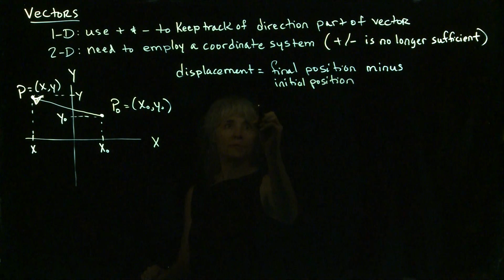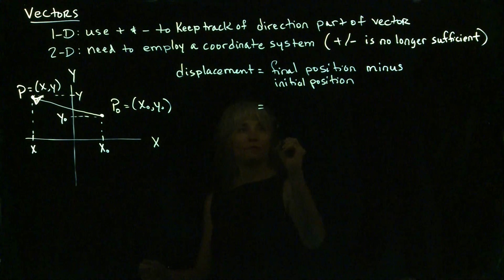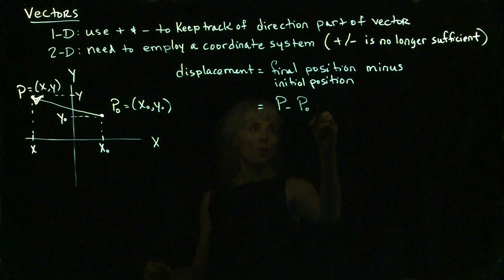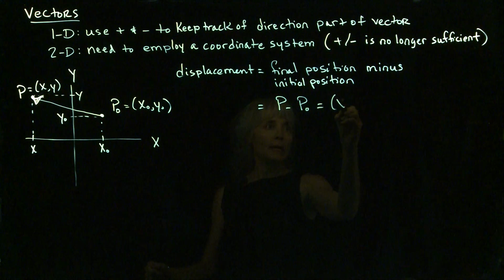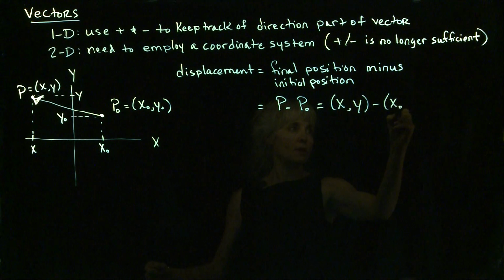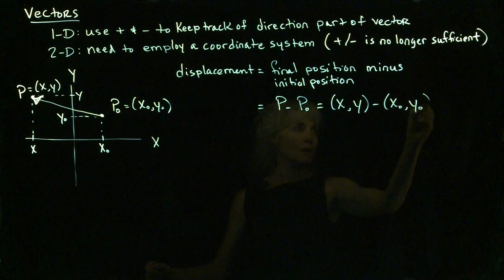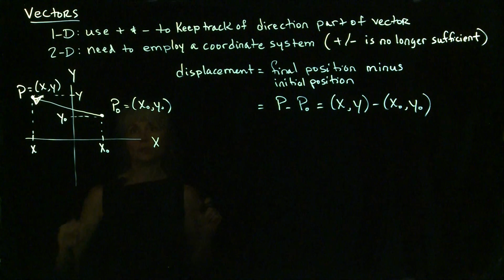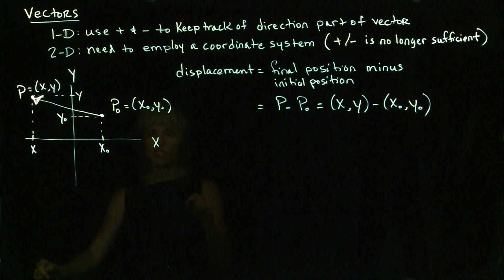Okay, so the displacement then is going to be equal to the final position P minus the initial position P naught, or x comma y minus x naught comma y naught. So the final position minus the initial position. So how do we deal with that in two dimensions?